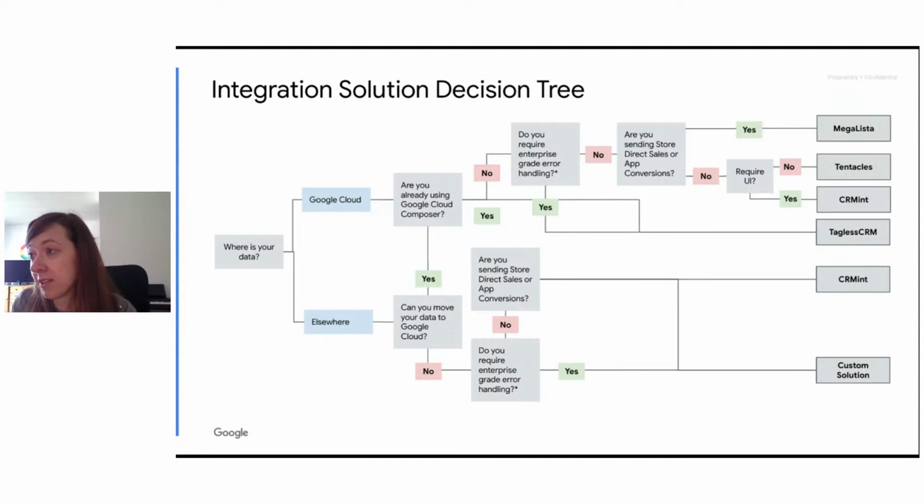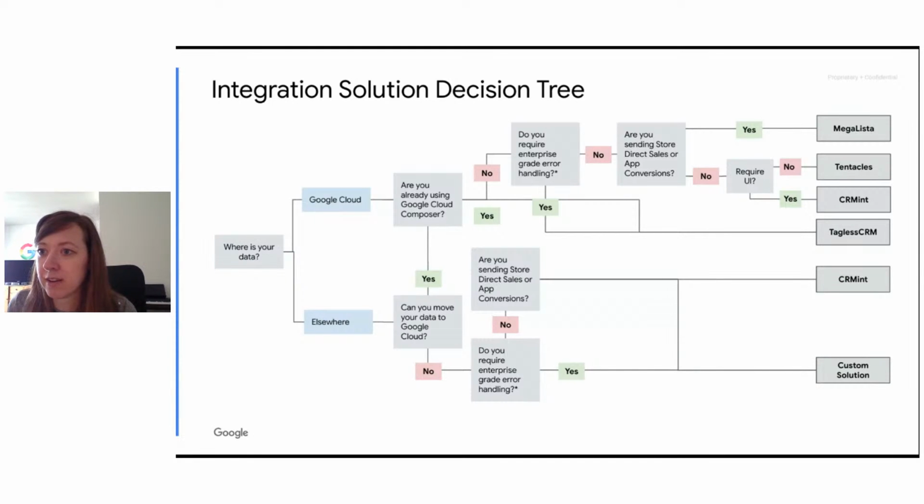If yes, use Megalista. If no, the next question to ask is, do you require a UI? If you don't require a UI, you can probably best use Tentacles, or if you do require a UI, CRM Mint would be a good solution. Also, if you require enterprise-grade error handling, then you would go towards Tagless CRM.